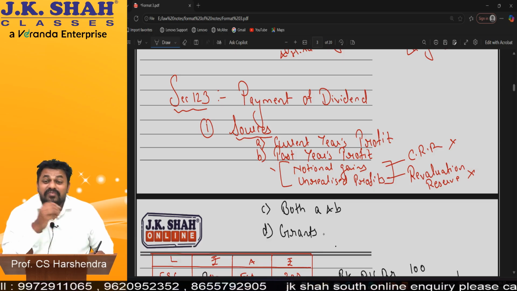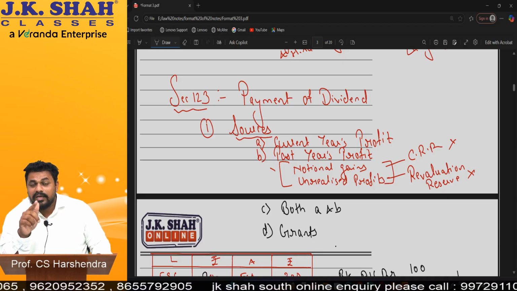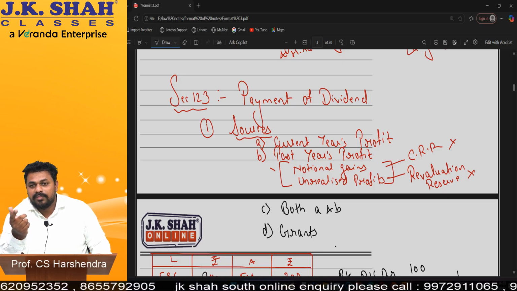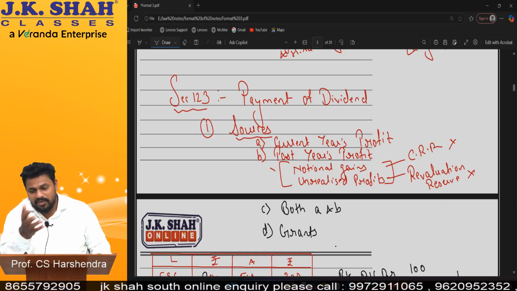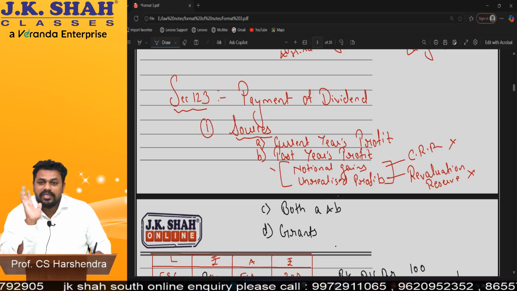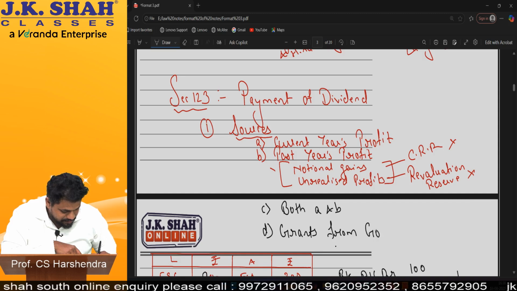Now what is a grant? These are free grants from government. Now understand there are two types of grants. One type of grant can be utilized only for a particular purpose, not that grant. These are free grants issued by government, generally to government companies and all. So that can also be utilized for paying dividend.